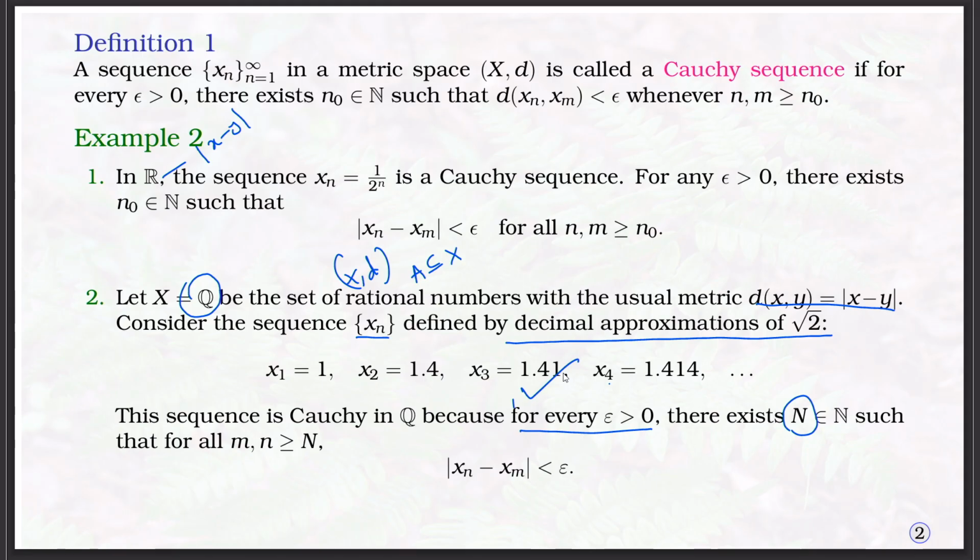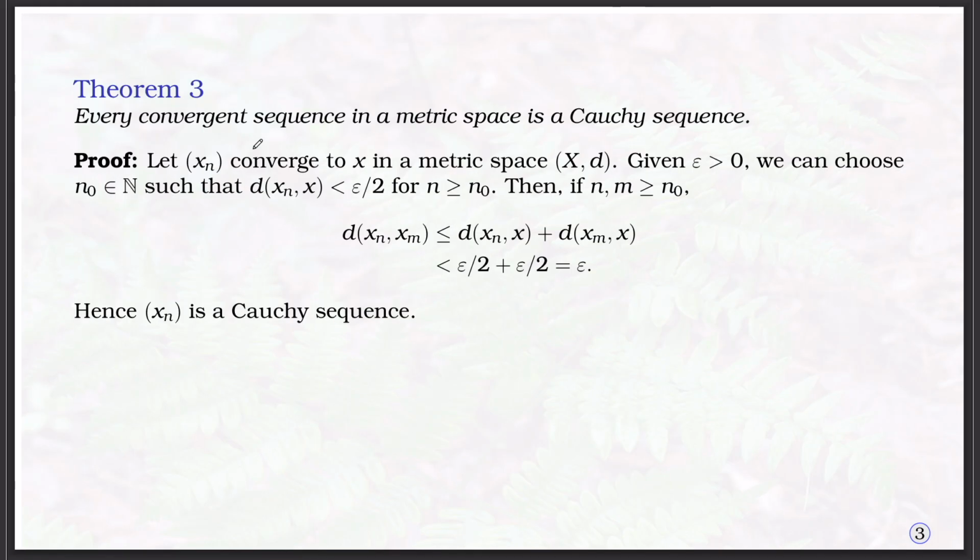So, both sequences, 1 by 2 power n and the decimal approximation of square root of 2, form Cauchy sequences.